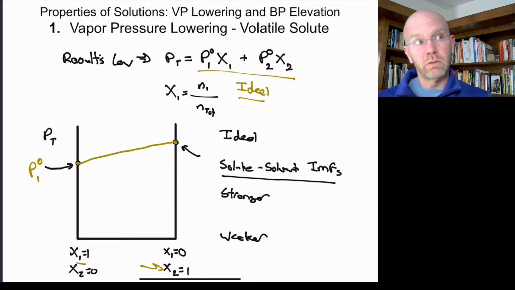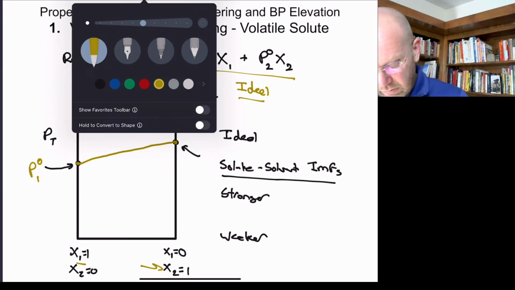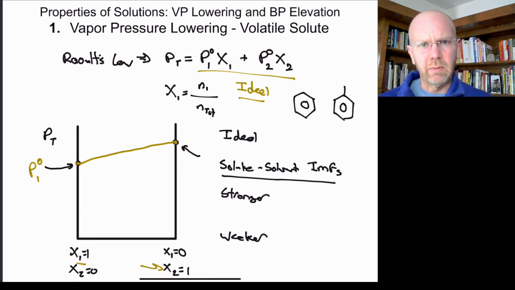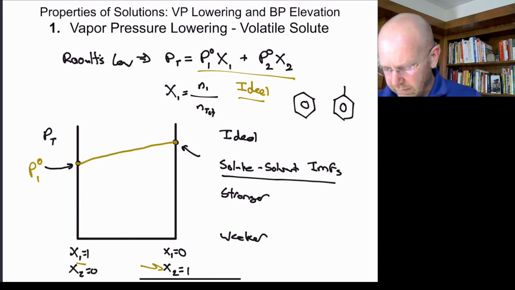So that means those molecules are going to be very similar in nature. You know, there are very few examples of really ideal solutions. One example, which is one we work with in organic chemistry, is benzene and toluene. Those two have very different boiling points. They differ by about 30 degrees Celsius.